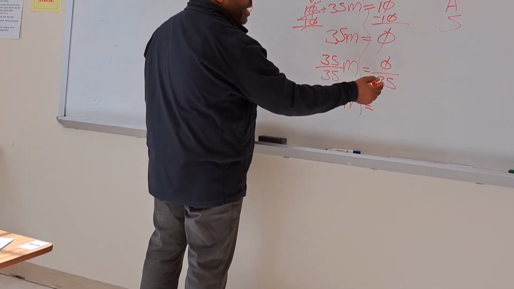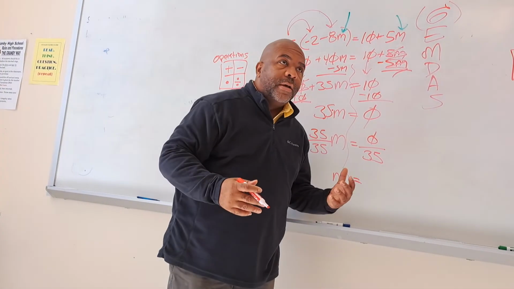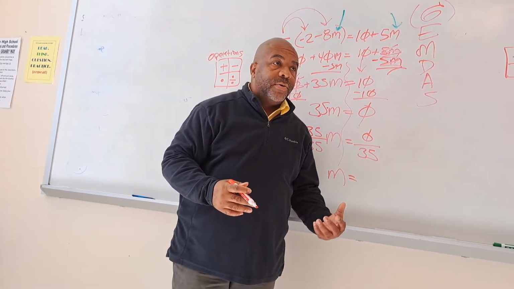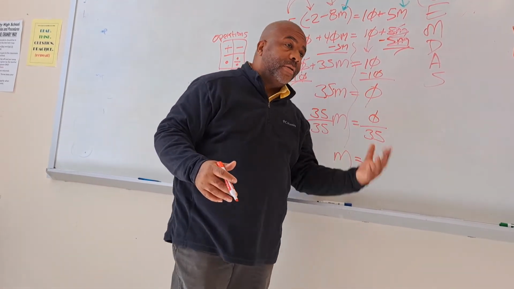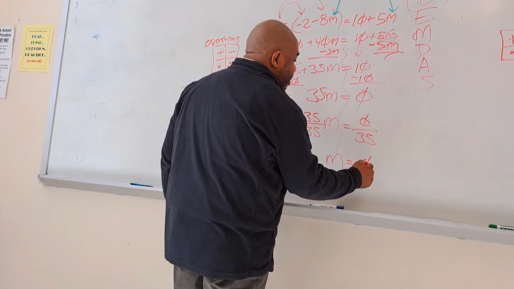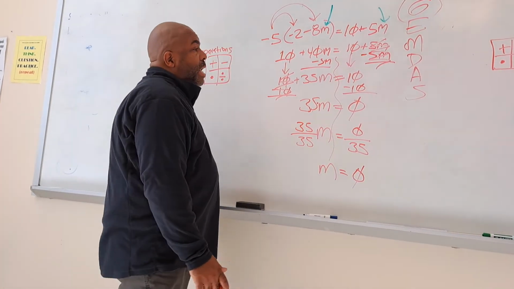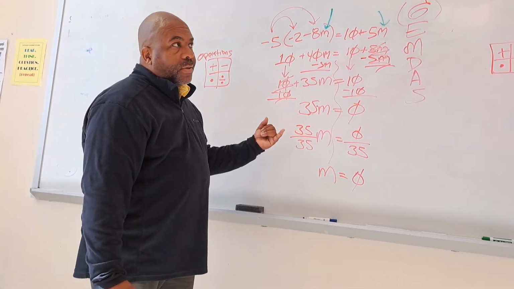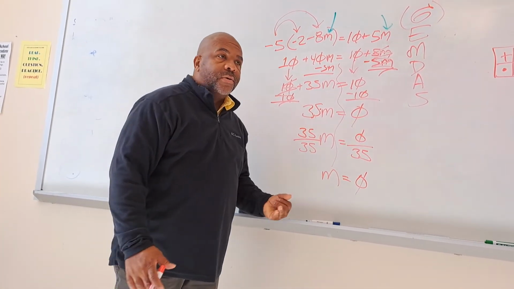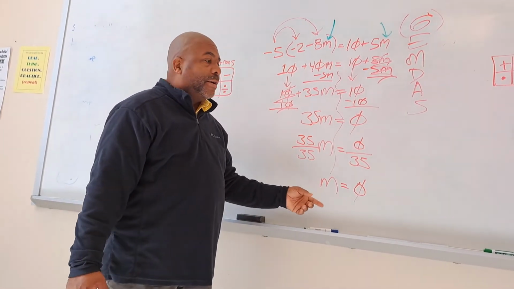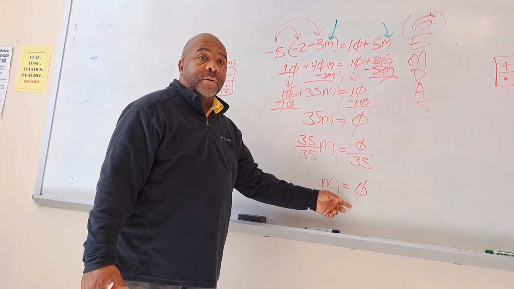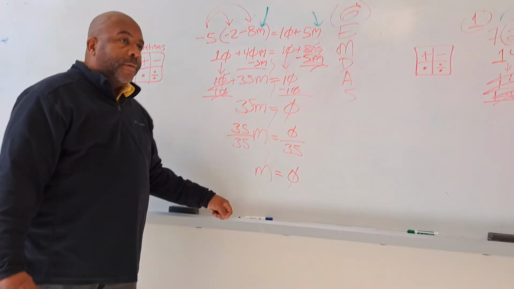And 0 divided by 35 is 0. So m equals 0. So is that one solution, no solution, or multiple solutions? It's 1, right, because 0 is a real number.